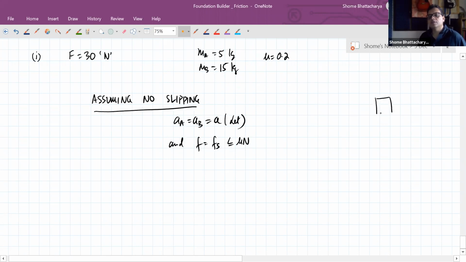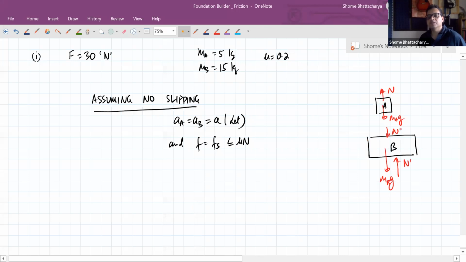Now let's first calculate this value of mu n. For that, let's understand the free body diagram of A in terms of vertical forces, so that we are clear about the normal reaction. And then this normal reaction acts on B downwards. There's normal reaction n prime.